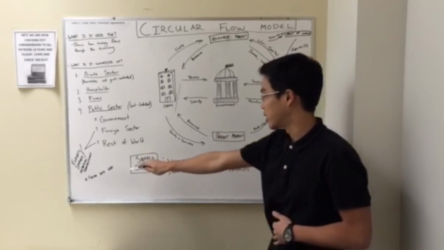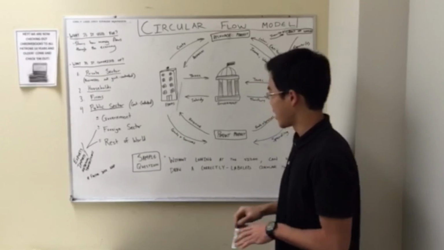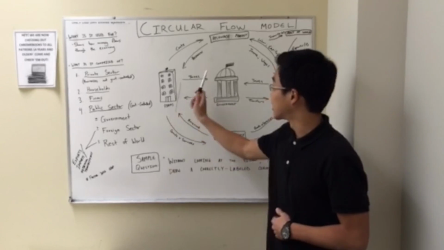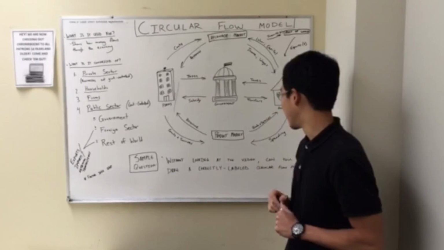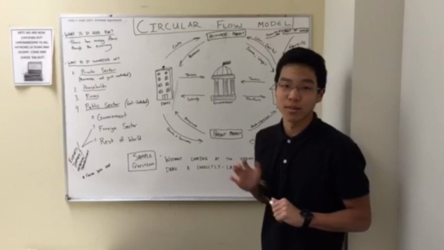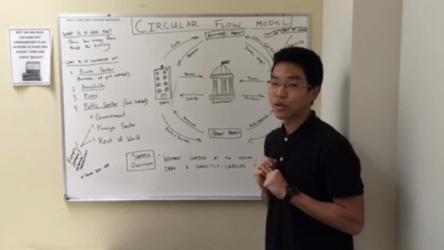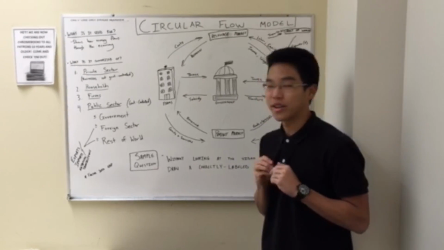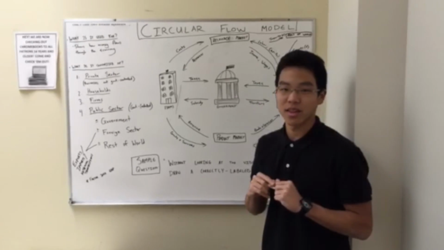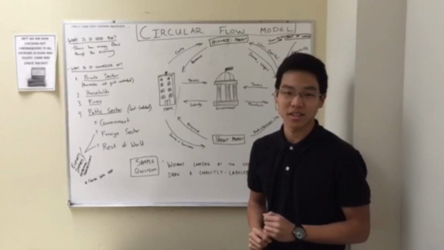However, these will come into play later in GDP. And our sample question for you for this section is, without looking at the video, can you draw a correctly labeled circular flow model? And if you could pause the video now and draw it on your whiteboards, that would be great. Thank you, and we will see you at the next section.